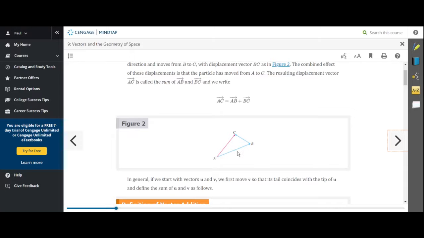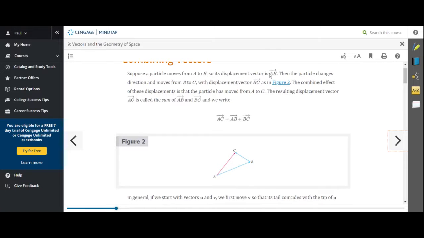For the vector AB, you start at A and go to B. That notation means you're starting at point A and going to point B, the direction of the vector from A to B. If you add the vector AB and the vector BC, that is equivalent to the vector AC, because your starting point and ending point are the same.